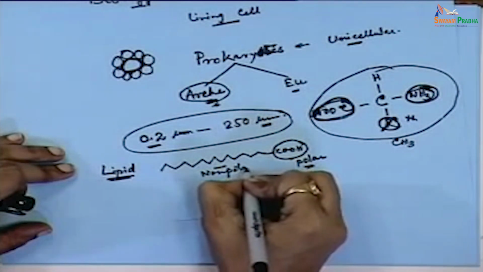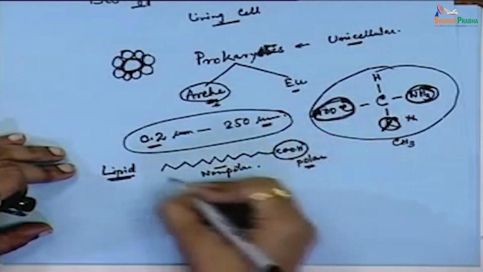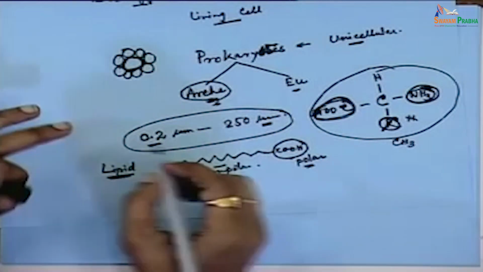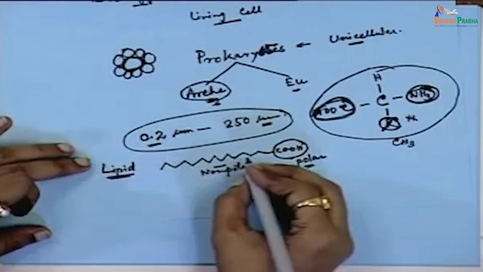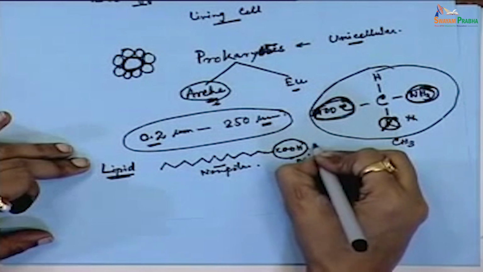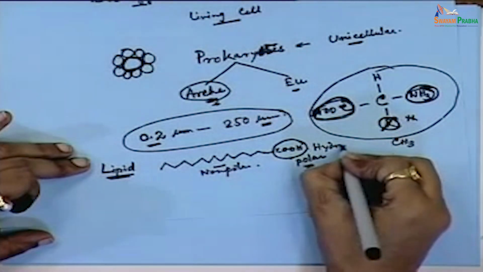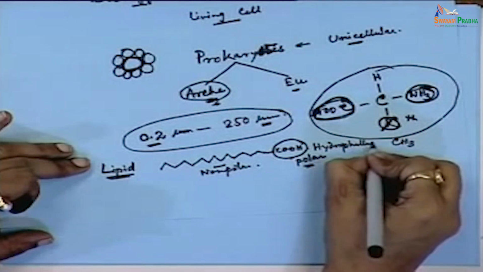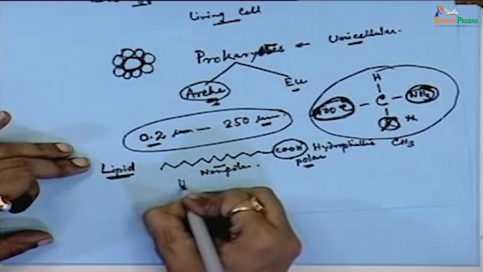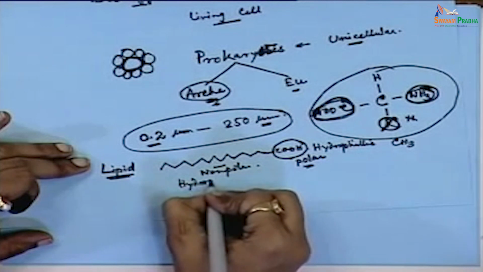So, if this is the structure of a simple lipid molecule, a fatty acid molecule, then this is the hydrophilic end of the lipid molecule, and it has a hydrophobic tail.